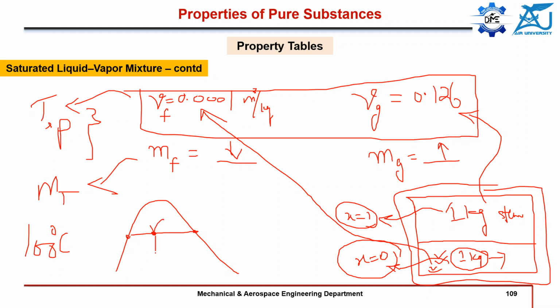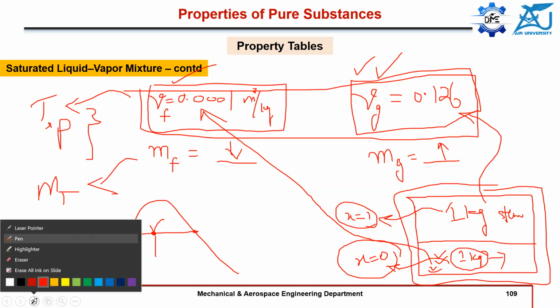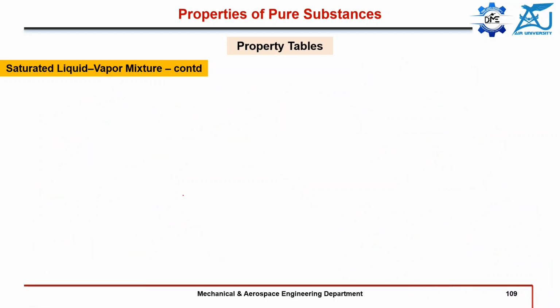So here there will be some effect of this property, and there will be some effect of this property. This means the specific volume of that liquid vapor mixture will be some portion of this and some portion of this. Let's explain how we can quantify this.